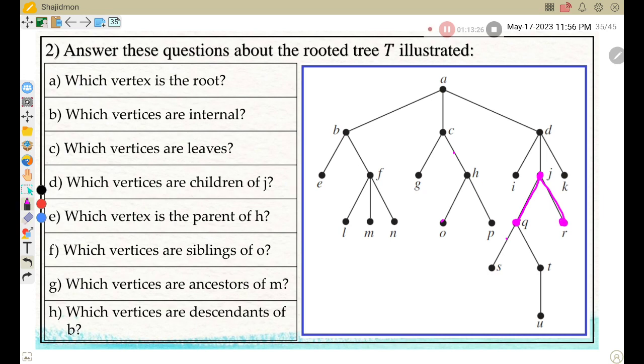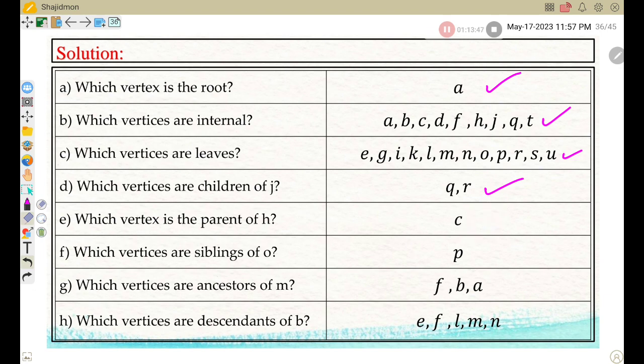Now next one we can go to E. Question number E. What is question number E? Which vertex is a parent of H? Parent of H vertex. H is this one. Who is the parent of that one? C. Correct. C is the parent of H. Hope you understood. So we can mark here, parent of H means we can get it C.